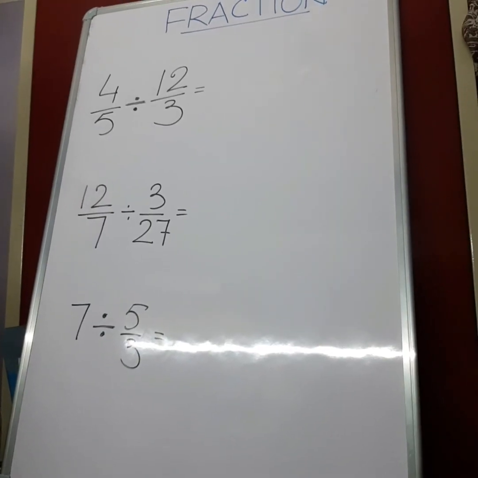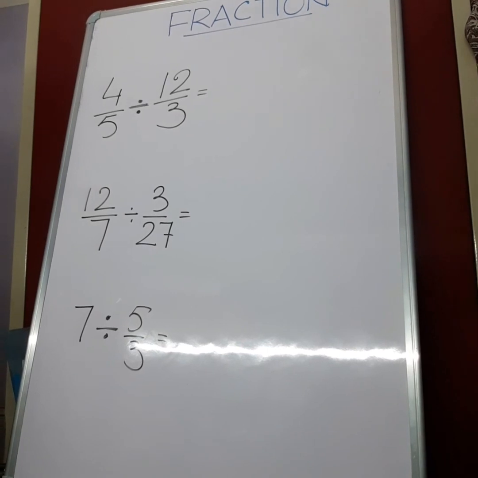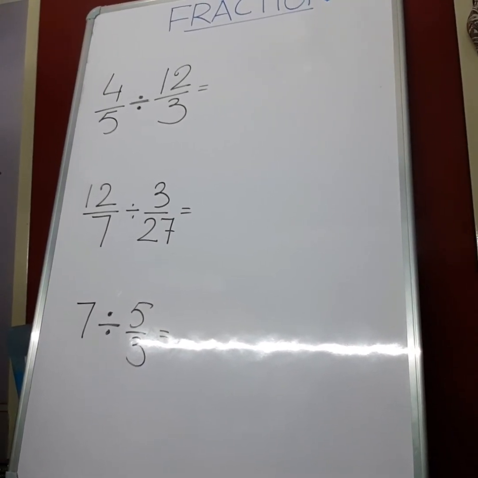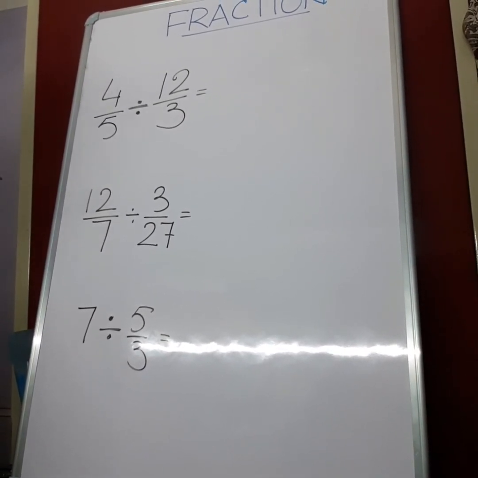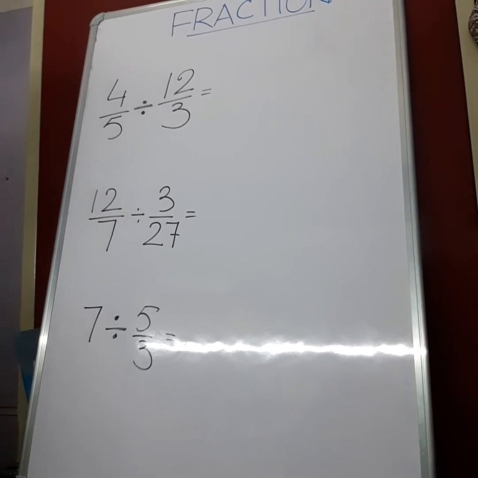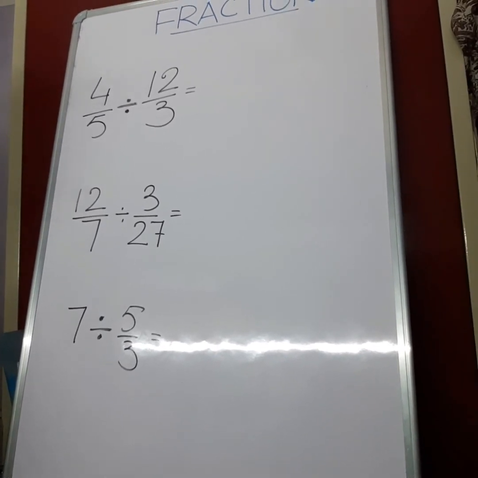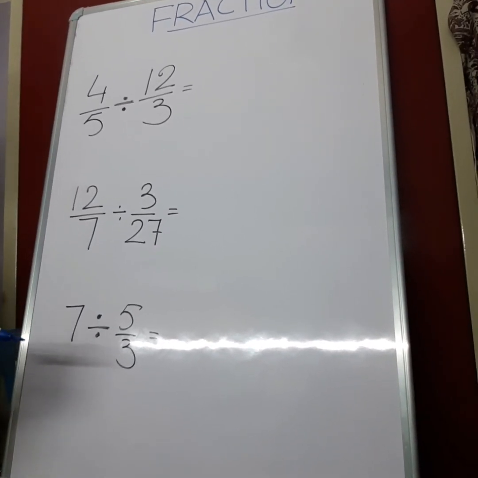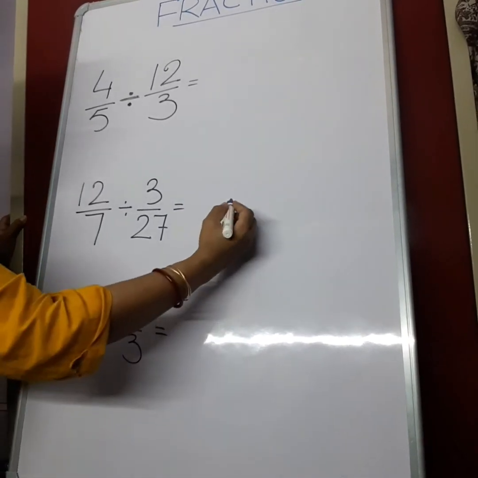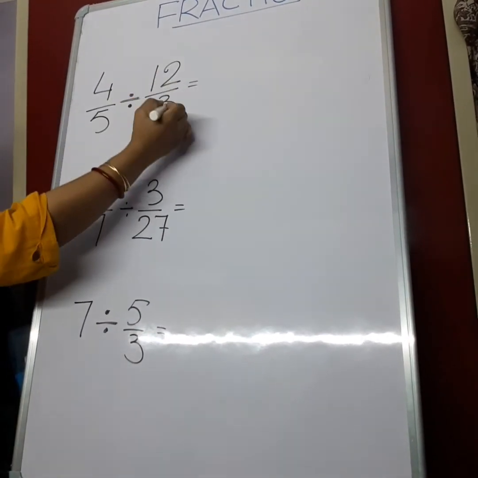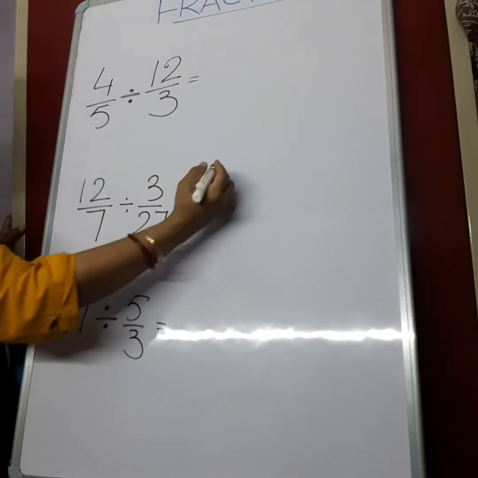Division of a fraction by another fraction is the multiplication of the first fraction by the reciprocal of the second fraction. Now what is reciprocal? Reciprocal of a number means interchanging of the numerator by the denominator.